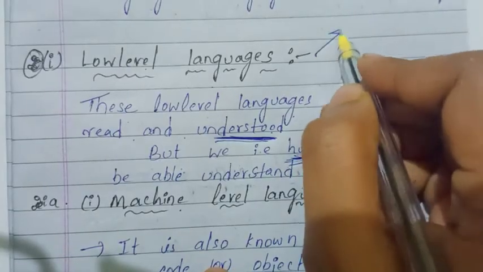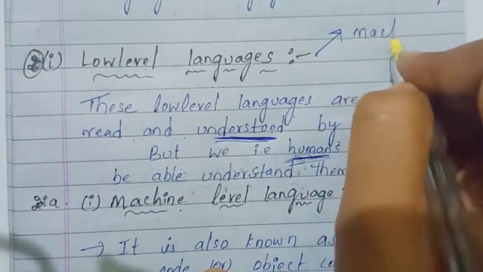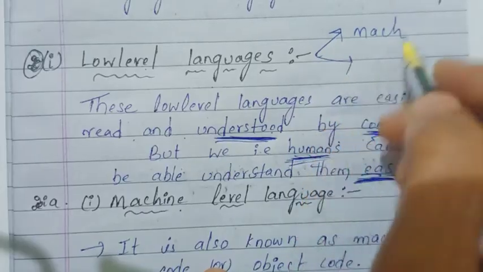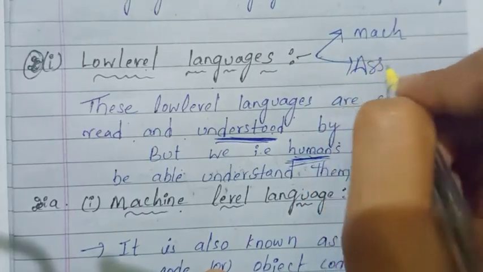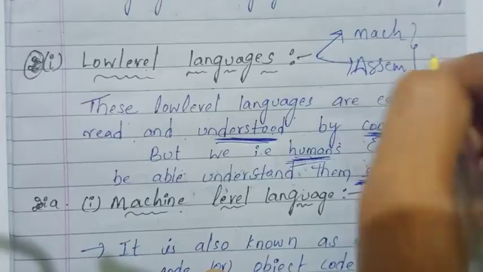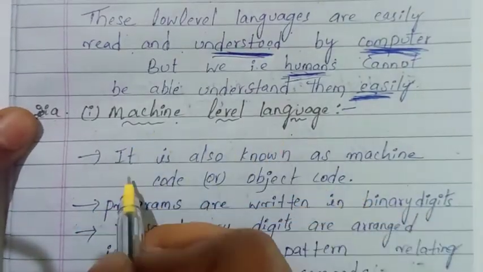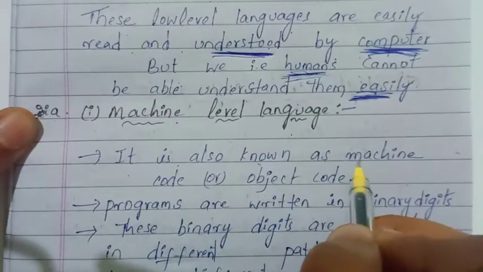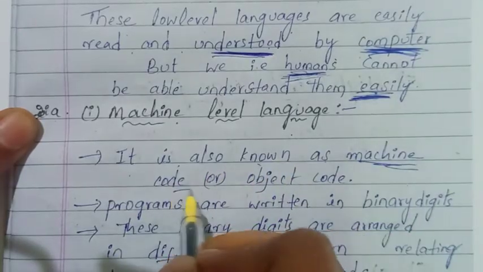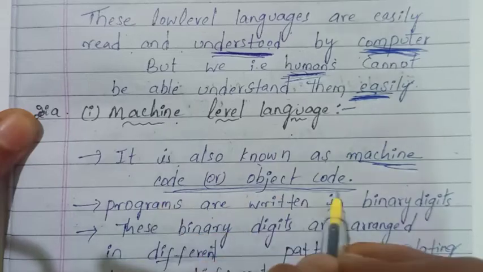We have discussed that low level languages are of two types, that is machine and assembly language, right? So let us know what these two are here. Machine level language is also known as machine code or object code.